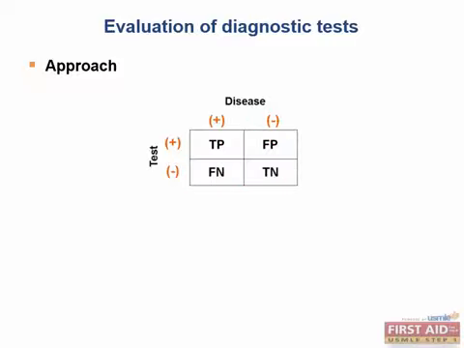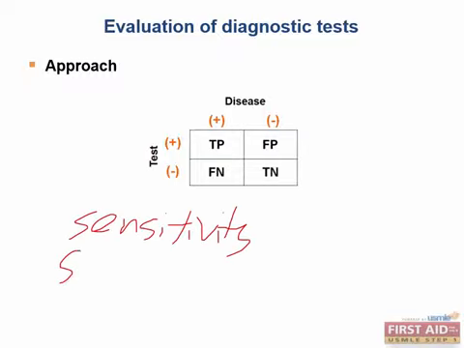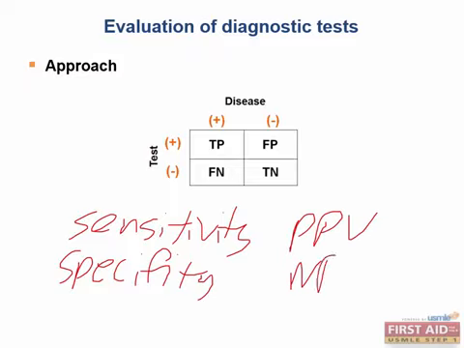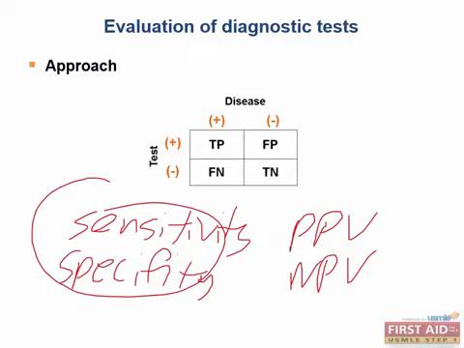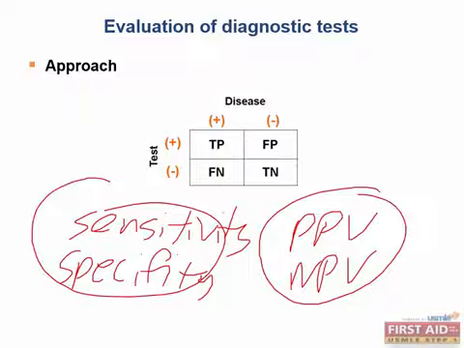So what is the benefit of constructing this table? Well, it can be used to calculate sensitivity, specificity, positive predictive value, and negative predictive value. The sensitivity and specificity are parameters that describe the actual test itself, whereas PPV and NPV, or positive predictive and negative predictive value, describe how to interpret the test result in a clinical situation.